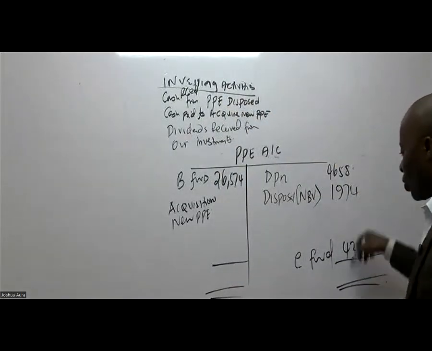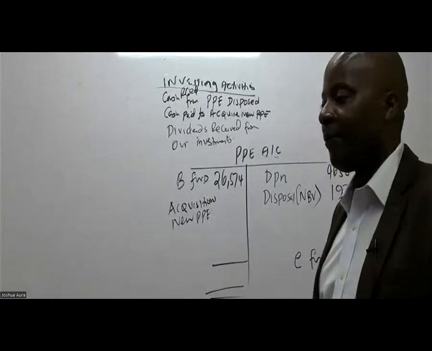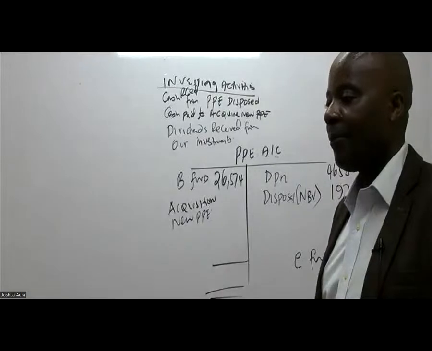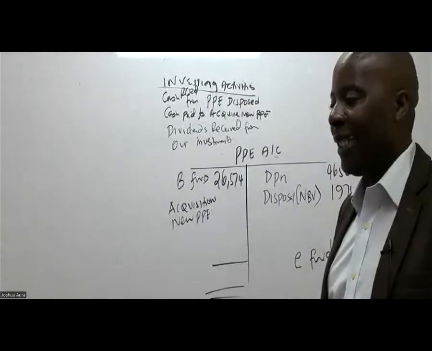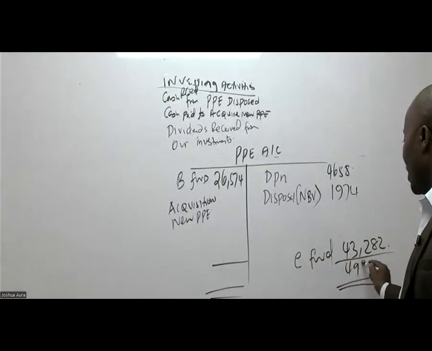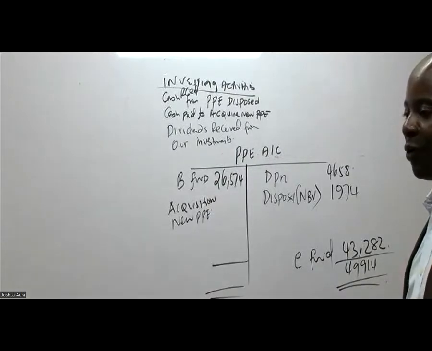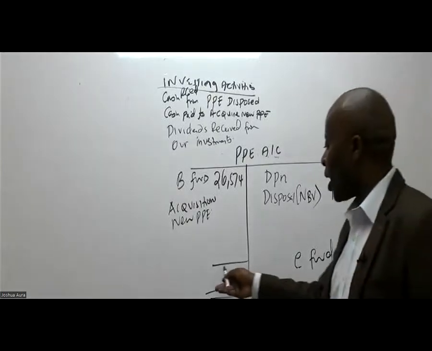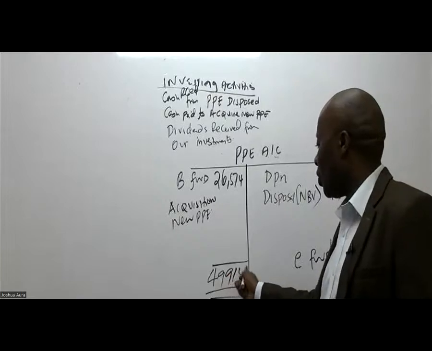So please give me this total figure first on the right side. The purchase, yes. So I'm being given 49,914. So this is what I'll also come and balance with here. 49,914. Thank you so much.